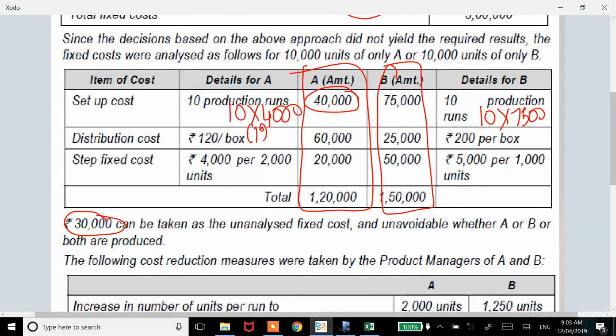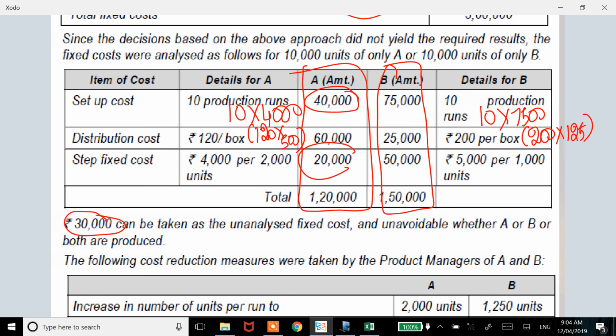This is 120 into 500 boxes, 120 per box, so 60,000 is the number, and this side is 200 into 125 boxes. That's the rate given in the question. 4,000 for every 2,000 units. So if you manufacture 10,000 units, you will incur this 5 times. So this number is 20,000 and this number is 50,000.